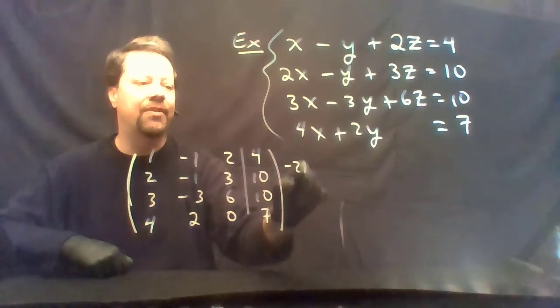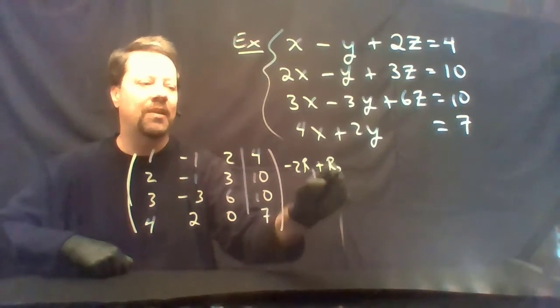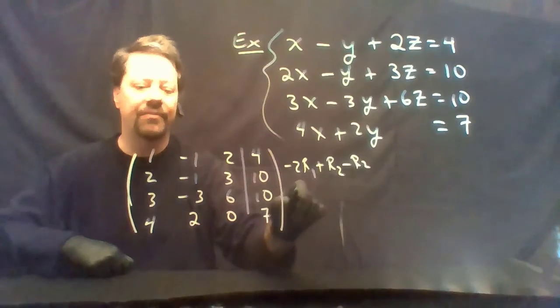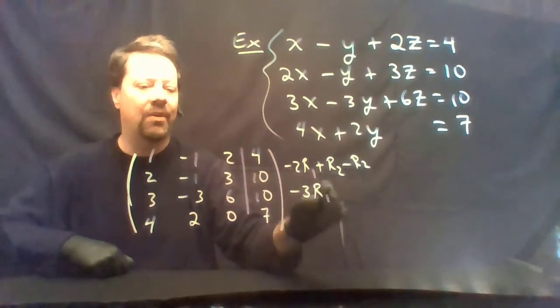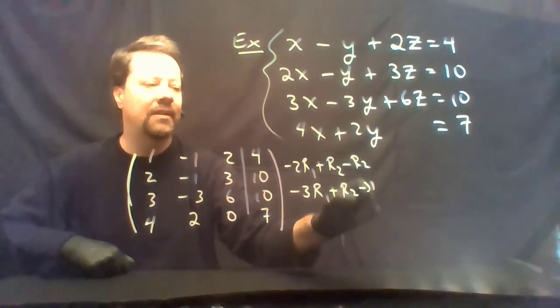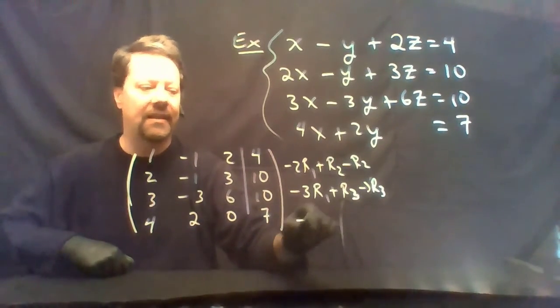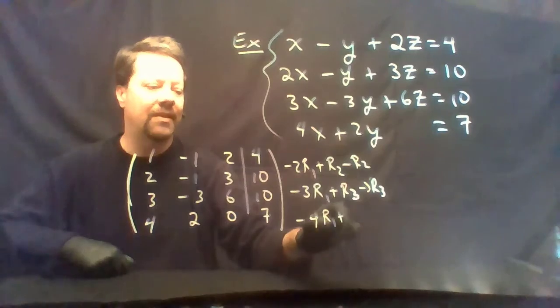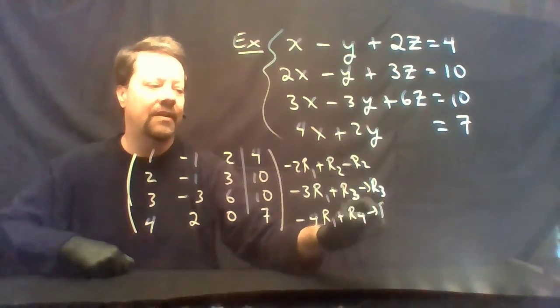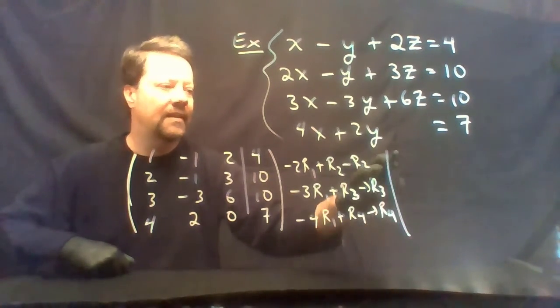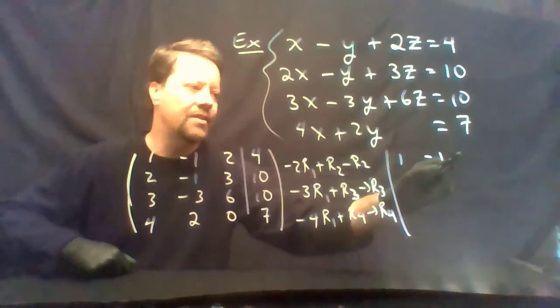So -2 times row 1 plus row 2 yields a new row 2. -3 times row 1 plus row 3 yields a new row 3. And -4 times row 1 plus row 4 yields a new row 4. That leaves the first row untouched.